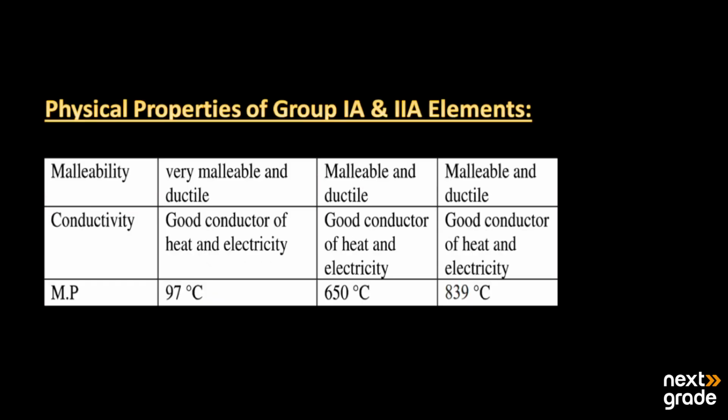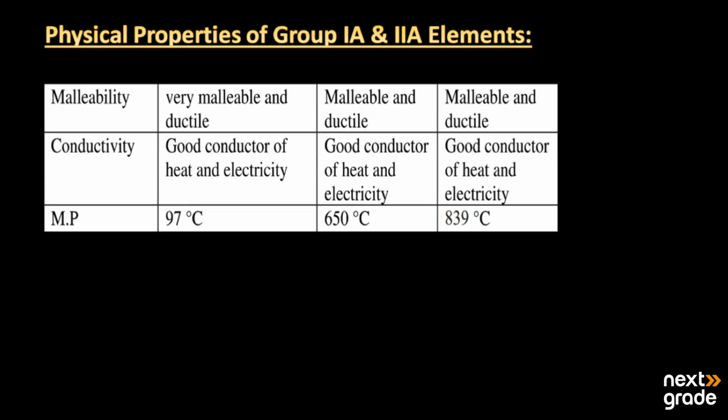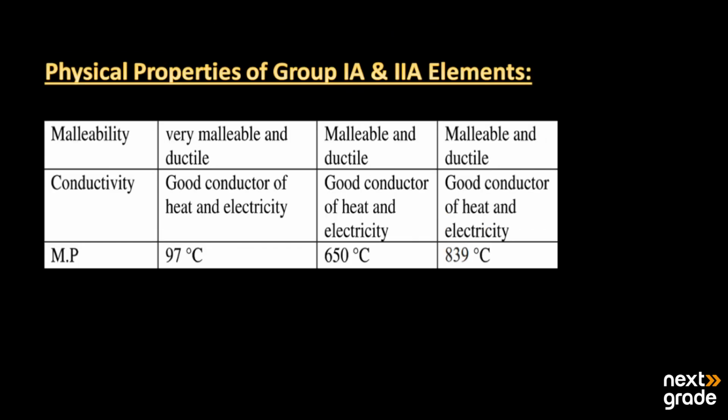Then we have their physical properties of malleability, conductivity, and their melting point. Here, the malleability of sodium, magnesium, and calcium. Malleability means how easily they can be converted into sheets.